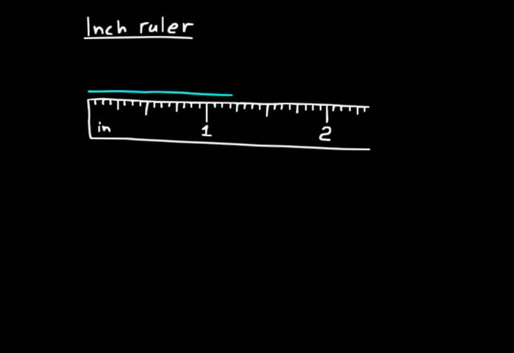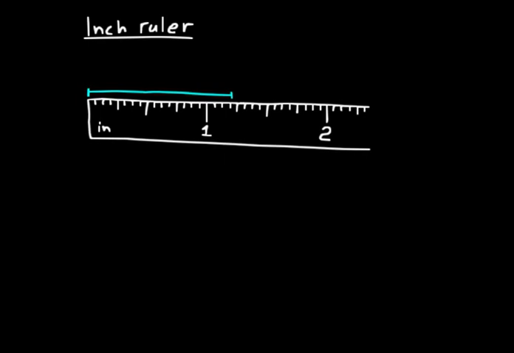Let's try another one. Look at that blue line segment that I have drawn there. The best thing to do is to put some little marks at the ends, and that helps you know where to start and stop. And on this one, don't just start from the left end and start going 1/16, 2/16, and so on. Start from the first whole number inch value that you see there.